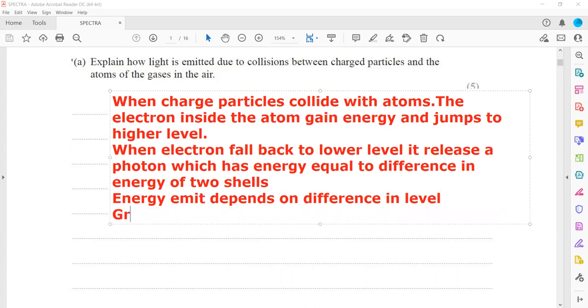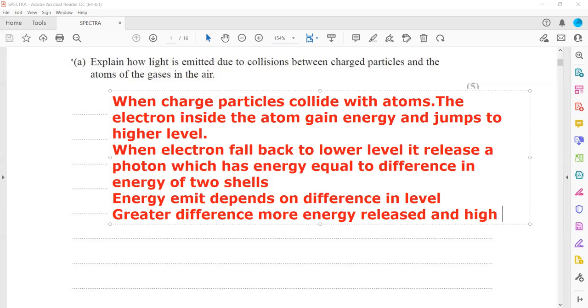If they have a greater difference, more energy will be released, and high frequency will be there. So this is what happened.